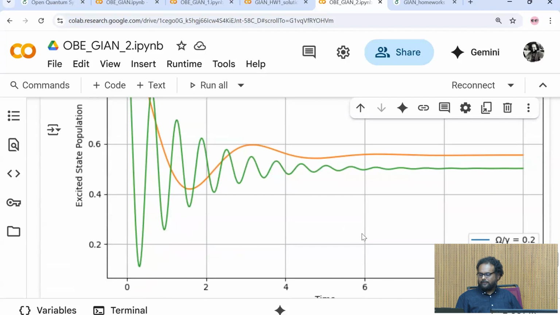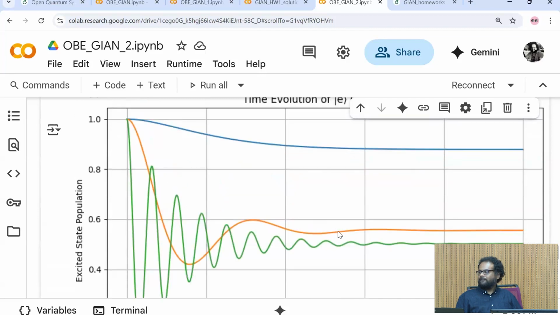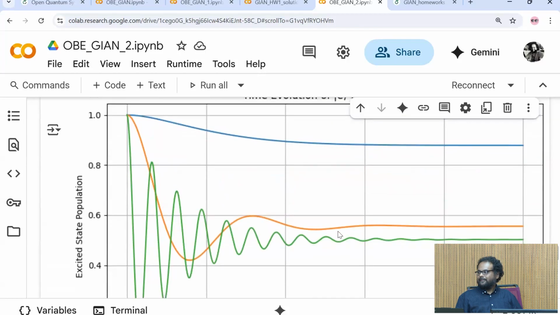In between, you have something in between. Now I want you to take time and think about the physicality of what this is.